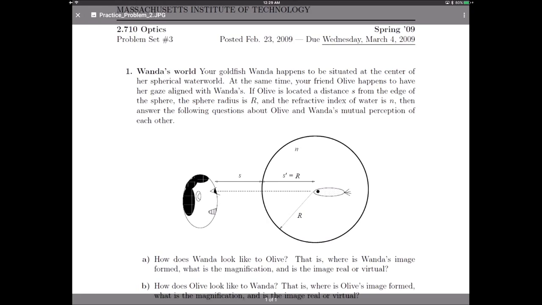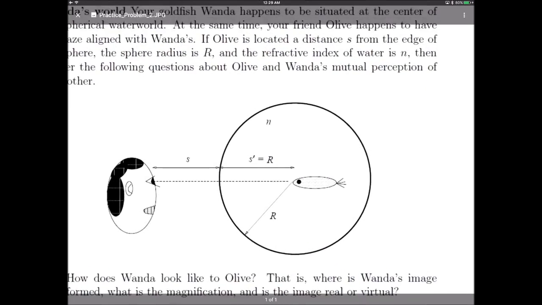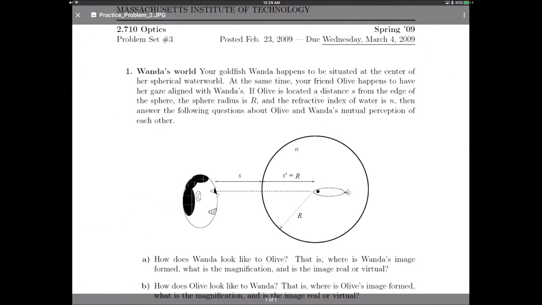So let's look at the problem. It says that there's a fish located at the center of a sphere of refractive index n. The location of the fish from the interface separating the inside and outside of the sphere is S prime, which also happens to be the radius of curvature because the fish is located at the center.